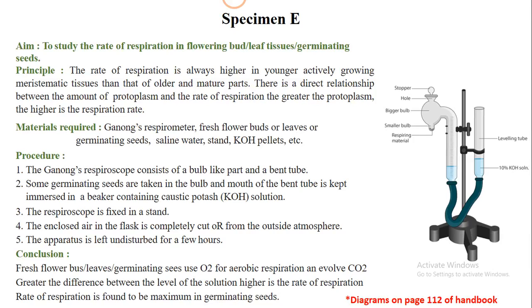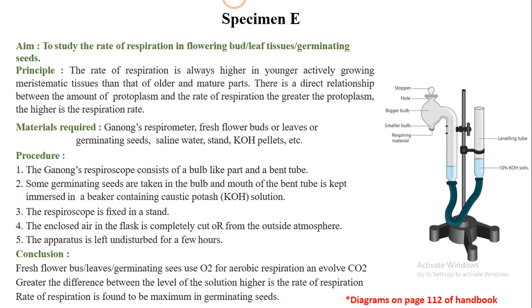We know that the rate of respiration is always higher in young actively growing parts, or you can say the young actively growing meristematic tissue. This means that in the young or immature parts of the plant, which have scope for growth, the rate of respiration will always be higher as compared to the older and mature parts.